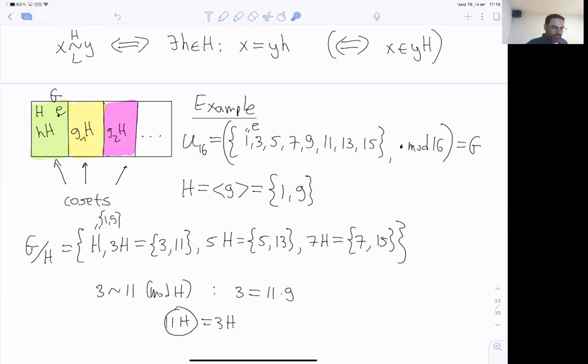So these are 2 representatives of the same coset. The same is for these and for these. So in other words, modulo H, we get a division of all of G into equivalence classes.